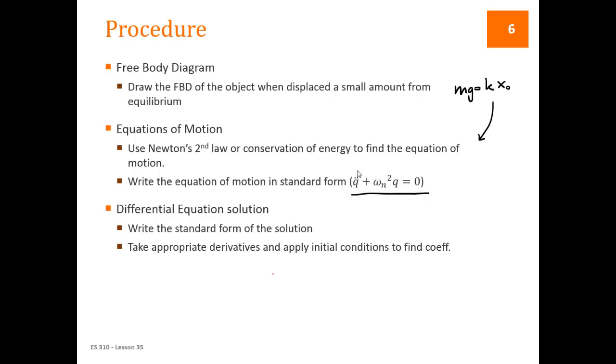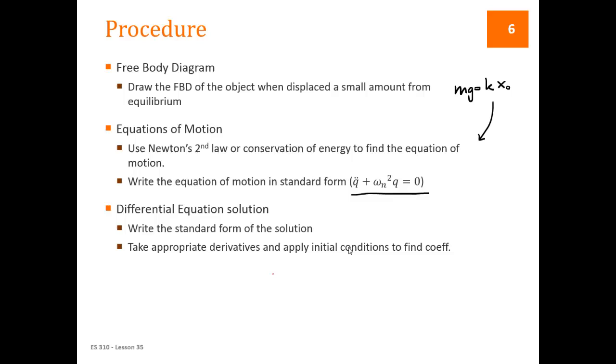So whatever our variable is, usually it's x, but it could be theta if we're looking at rotations, could be y. Whatever our variable is, double dot, plus some coefficient times our variable. That coefficient is going to be omega n squared. So we can always find omega n by taking the square root of that coefficient. And then we look at our differential equation solution.